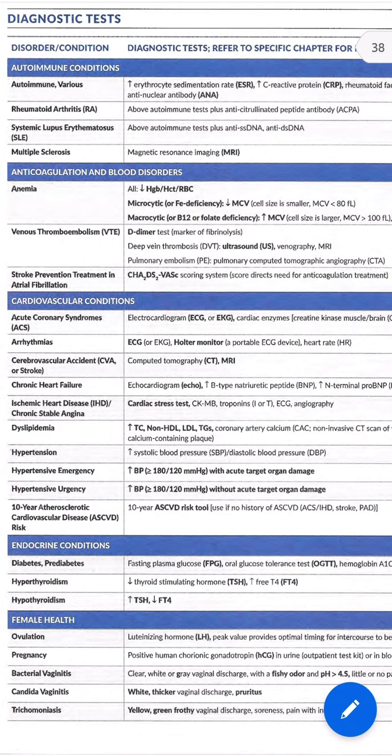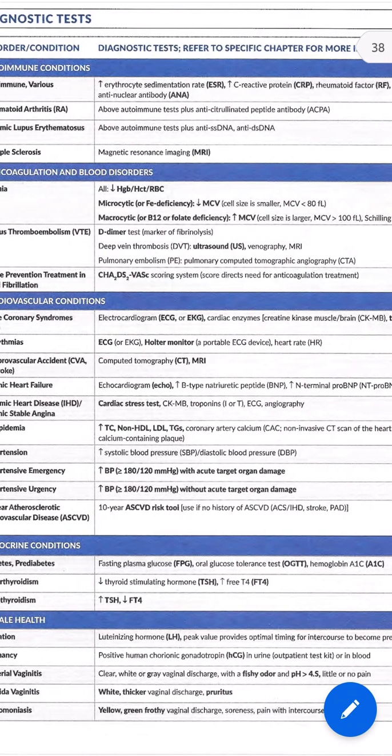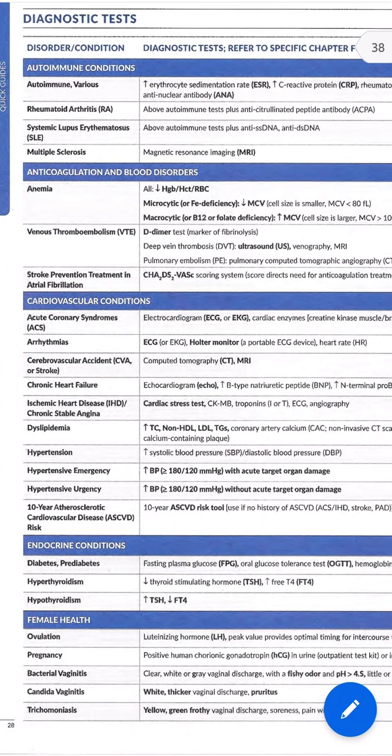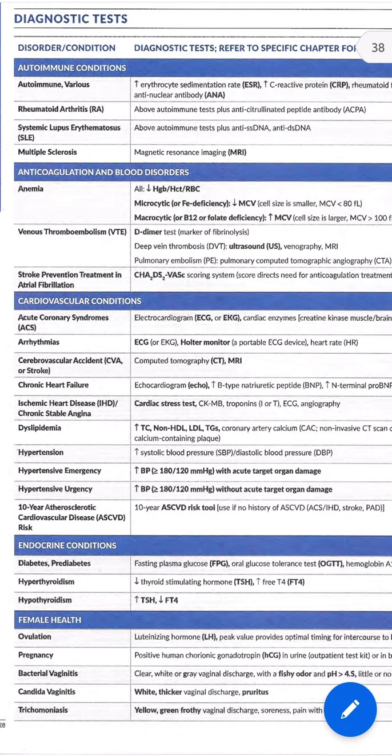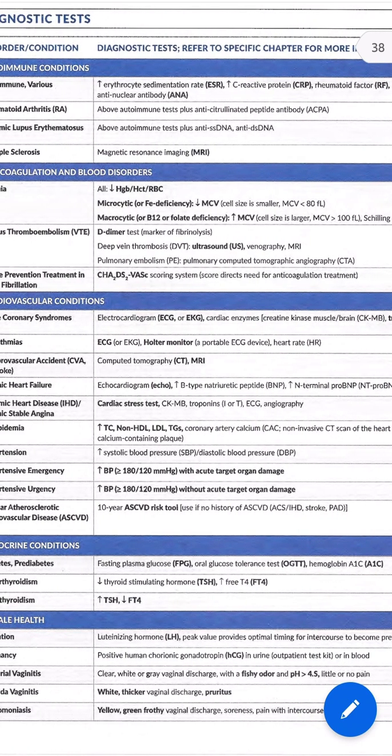If ESR is increased, that means they might have autoimmune disease. Or if the CRP, C-reactive protein, is increased, or the rheumatoid factor RF, or the anti-nuclear antibody ANA. So for autoimmune: ESR, CRP, RF, or ANA.